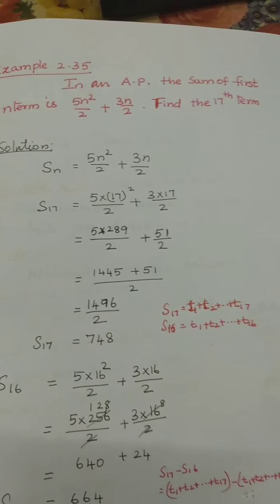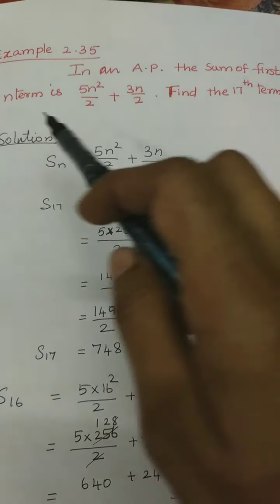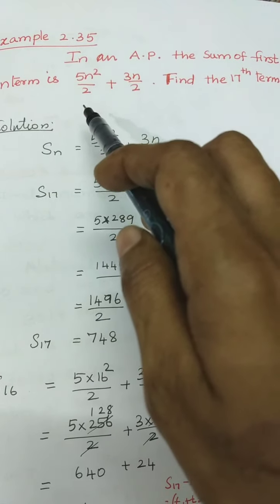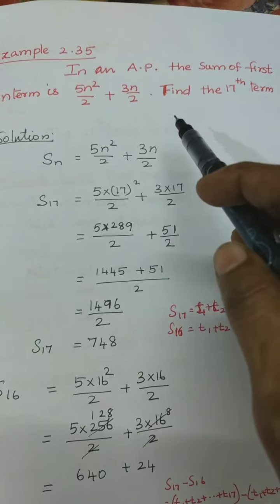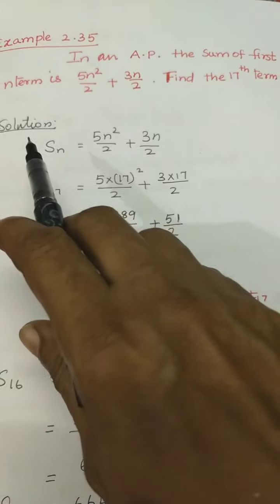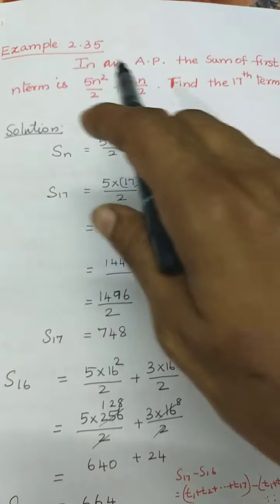Example 2.35. In an AP, the sum of first n terms is 5n square by 2 plus 3n by 2. Find the 17th term. Solution. Sn, they are given the general term of Sn.